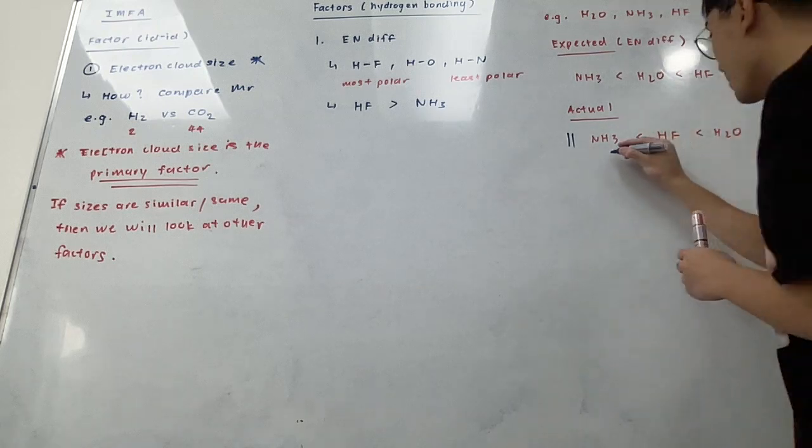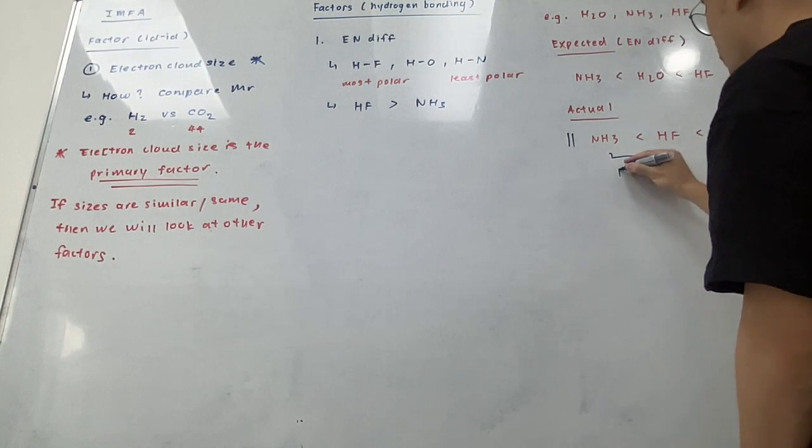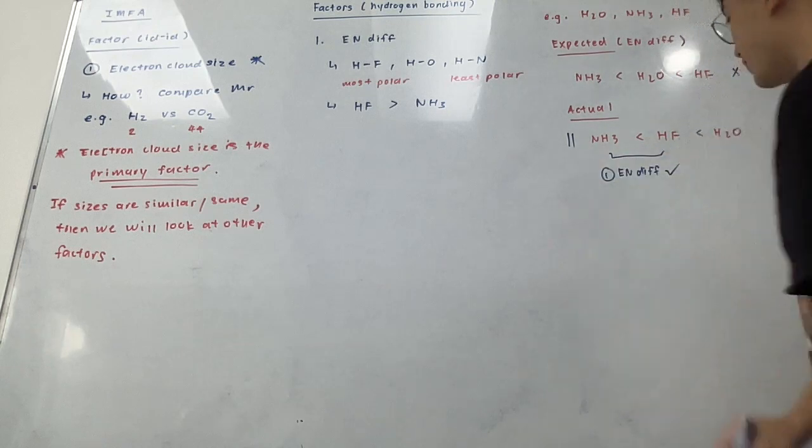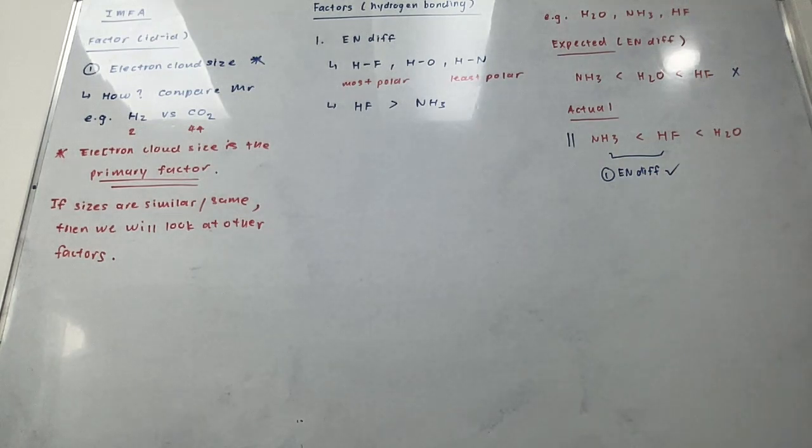When we compare these 2, we can still use the first factor on electronegativity. It works. But does it work when we are trying to explain why water is the highest? No. To explain why water is the highest, we clearly cannot use electronegativity. This is not viable.